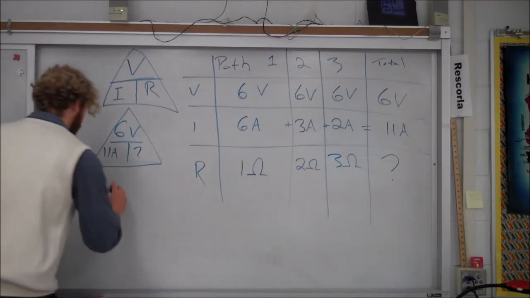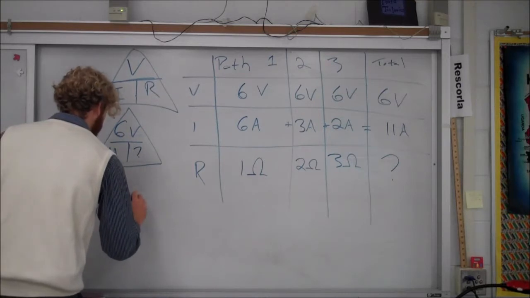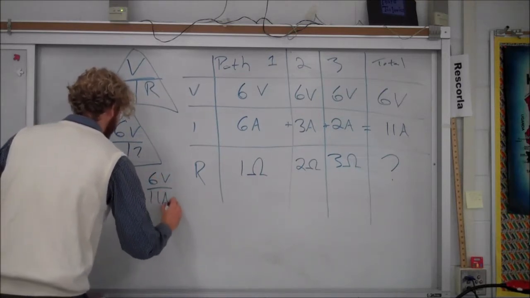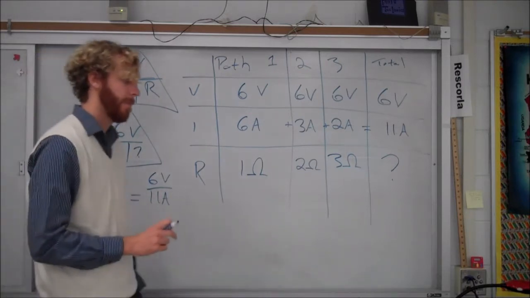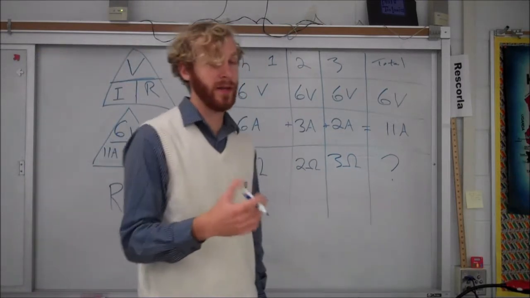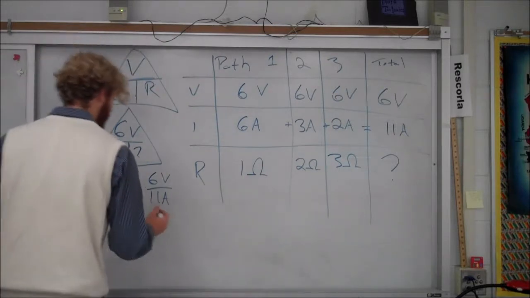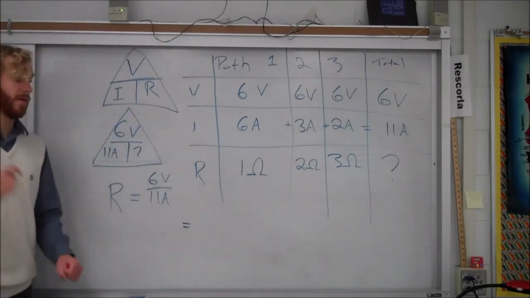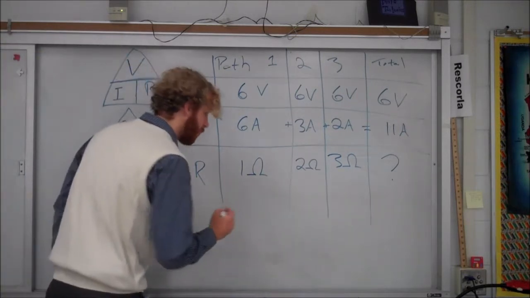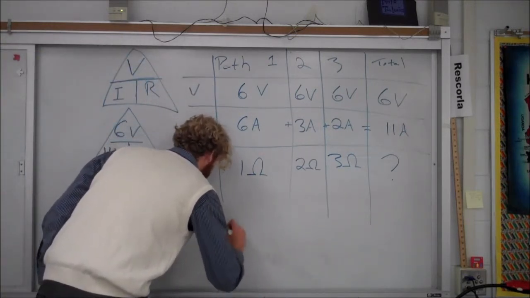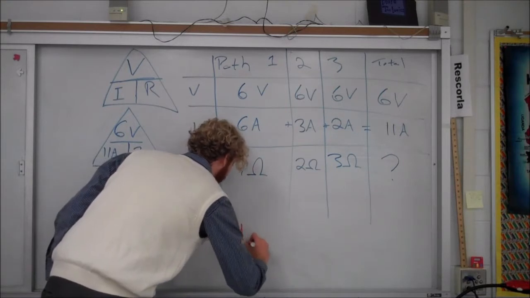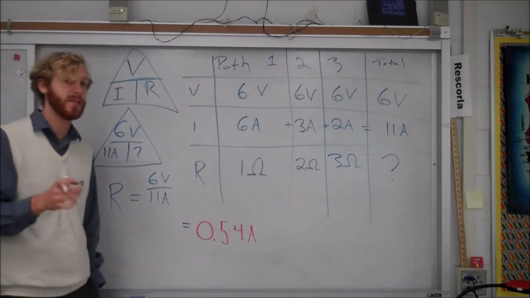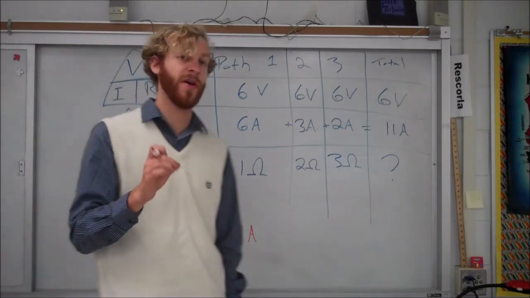So we will do R equals 6 volts divided by 11 amps. 6 divided by 11, plug it into your calculator, equals 0.54 ohms. So the total resistance for this circuit is very, very small.